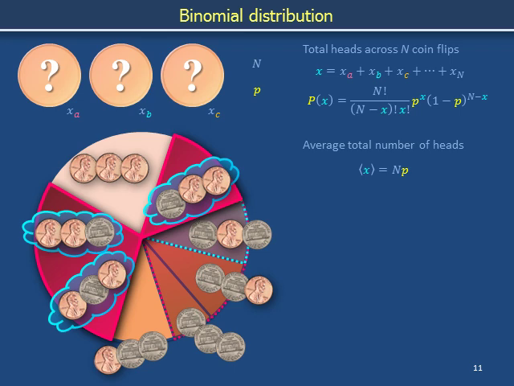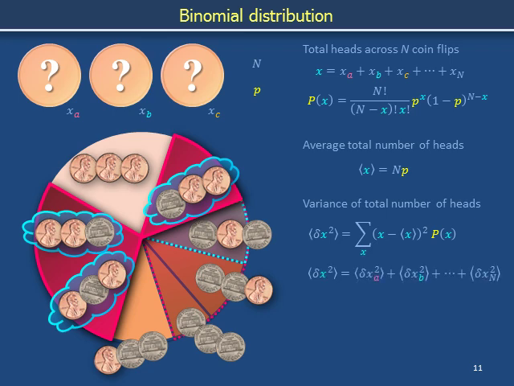What is the variance in the total number of heads? While again we could directly substitute the probability distribution into this weighted sum for the square of the deviation of x from its average value, we will instead remember that the individual coin tosses are statistically independent. This means that the variance of the sum equals the sum of the variances. The variance associated with the total number of heads equals the sum of the variances associated with the numbers of heads on individual tosses.